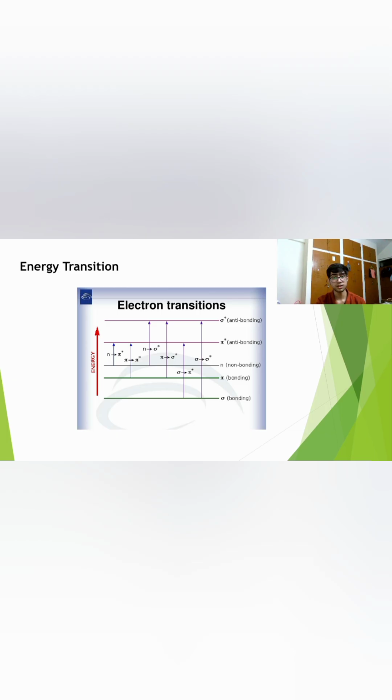So the energy required for sigma to sigma star and n to sigma star transition is very high. So that does not fall into the wavelength region of 200 to 800 nanometer as we discussed earlier, which was the region of UV visible spectroscopy. So we do not study these transitions in UV visible spectroscopy.